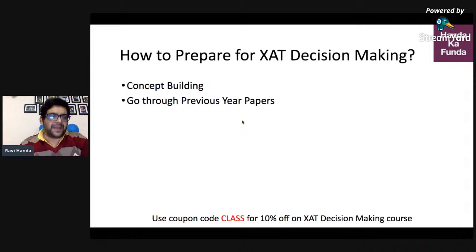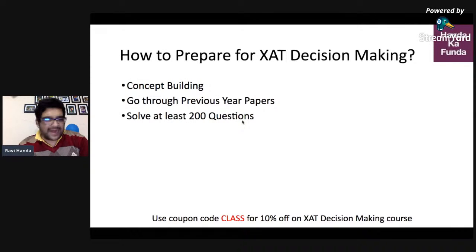Going through previous year papers is really, really important. That is something that you should keep on top of your priority list. You need to solve at least 200 questions for clarity and for practice and for various help that you can get in this regard.